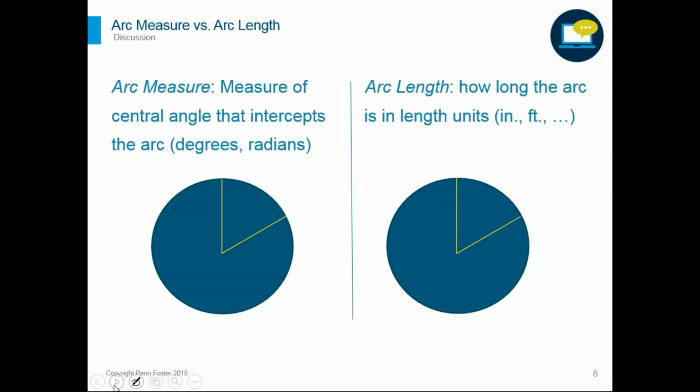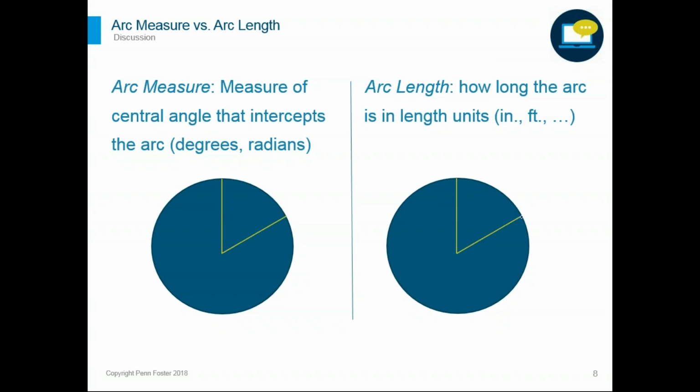So to understand the difference, the arc measure is how many degrees the central angle extends over the circumference of the circle, and that will give us the arc measure. So whenever you see or hear the word, or if you're asked to find the arc measure, that is in degrees or radians. The arc length is like when you extend a measuring tape over the arc. What would that be in inches or any length unit?